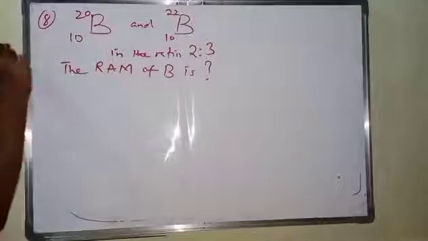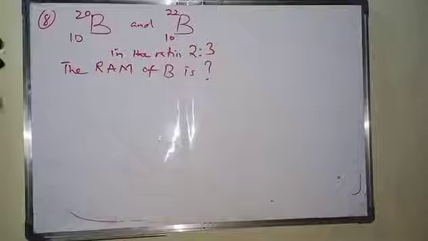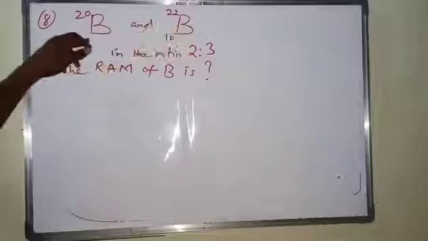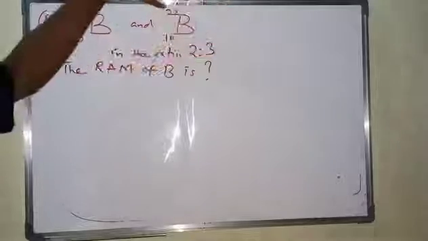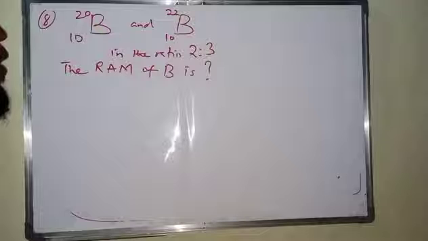For instance, we can't say 20 is the atomic mass of element B, when we might still have other isotopes of the same element, maybe another one even having 24 or 23. So why should you pick one as the atomic mass?